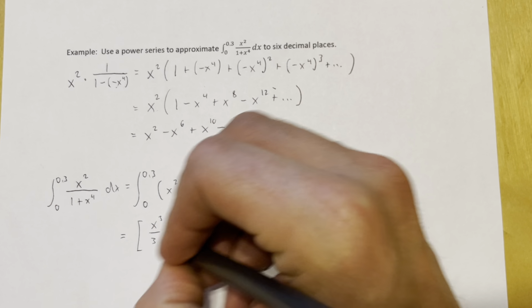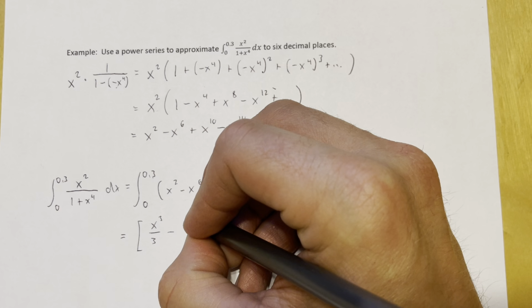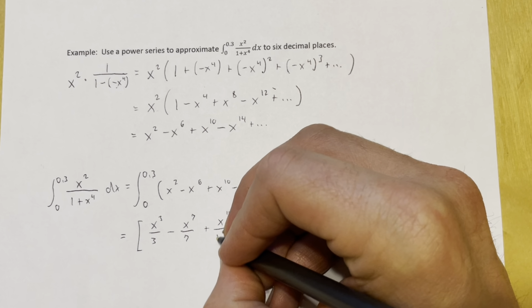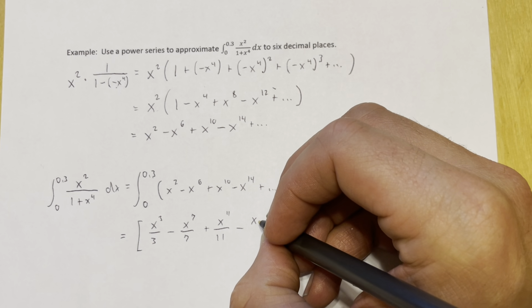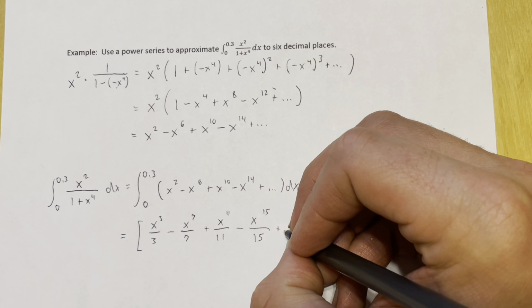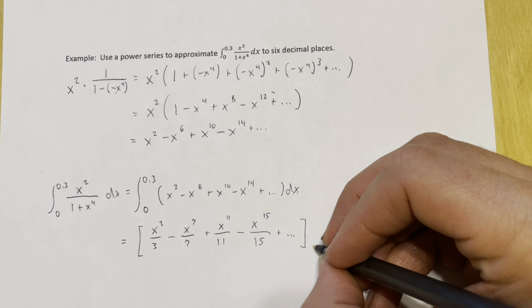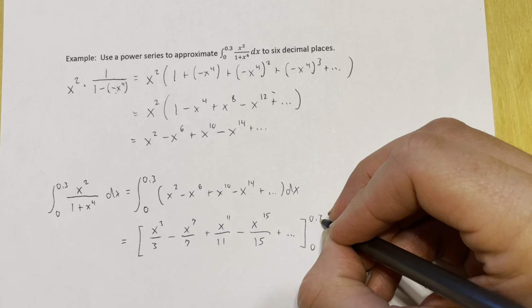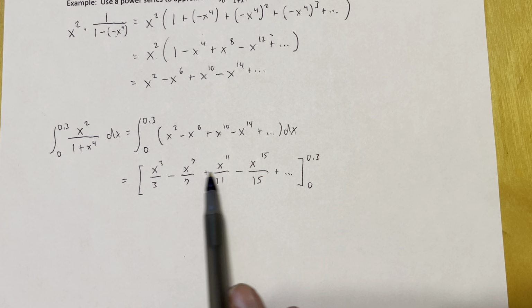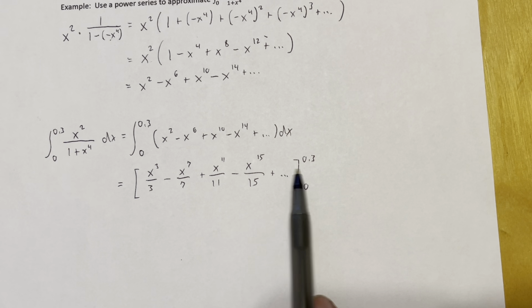x cubed over 3 minus x to the 7th over 7 plus x to the 11th over 11 minus x to the 15th over 15 plus dot, dot, dot. And then we evaluate this from 0 to 0.3. Now notice if I plug this lower limit of integration in, I get all zeros, so that contributes nothing.